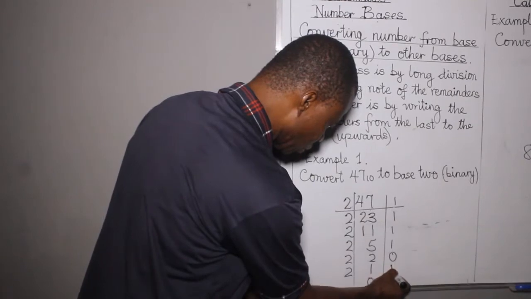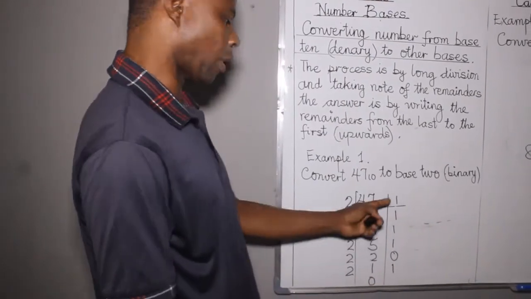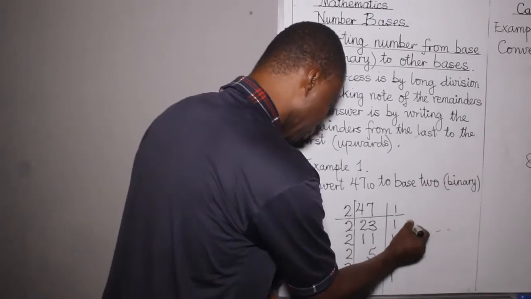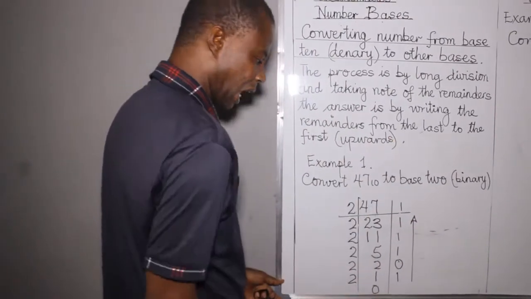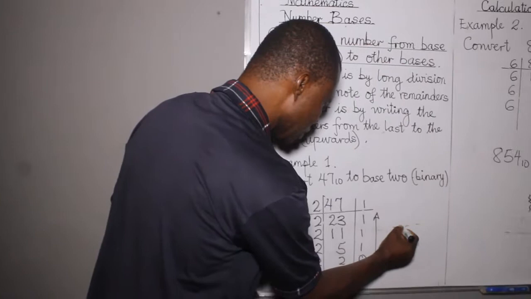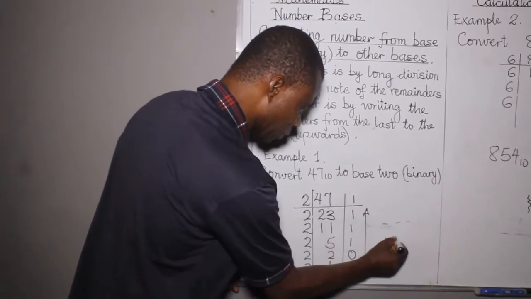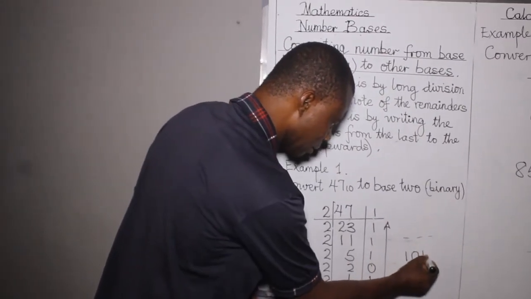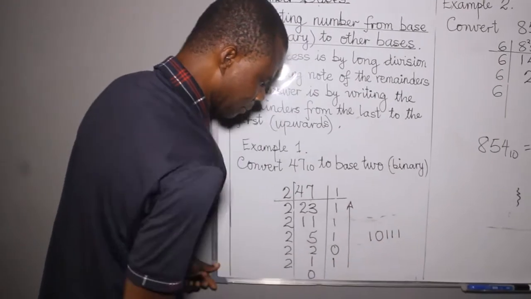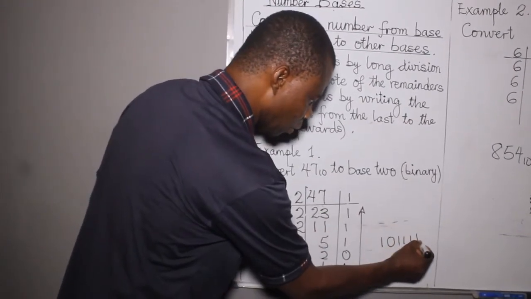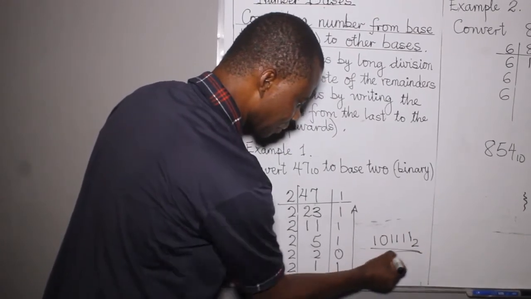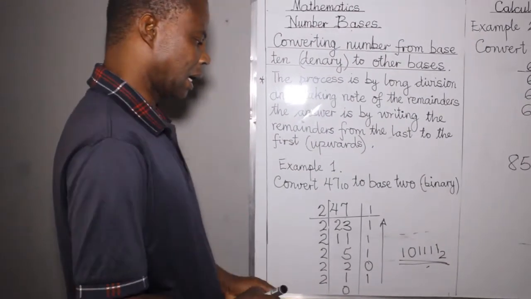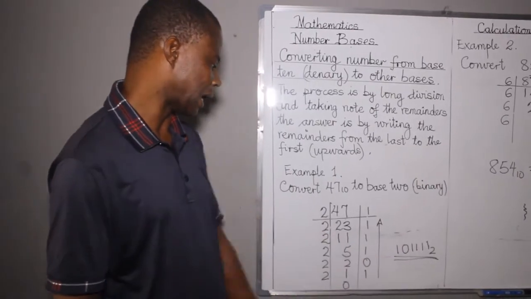Remainder 1. Now from here we generate our answer. That is from the bottom to the top. So we start with this one, which is 1, followed by 0, followed by 1, 1, 1. Then 1. Now to base 2. And this is our final answer.